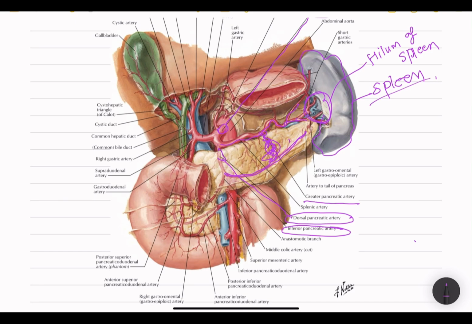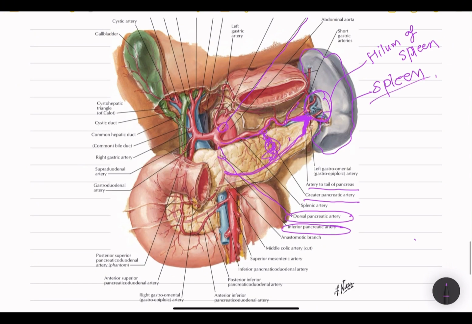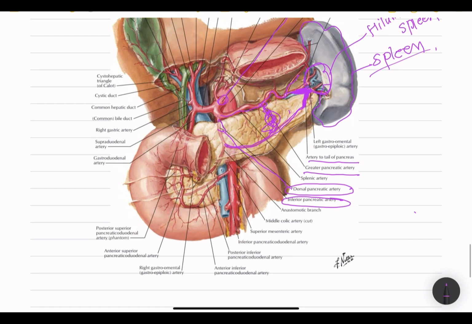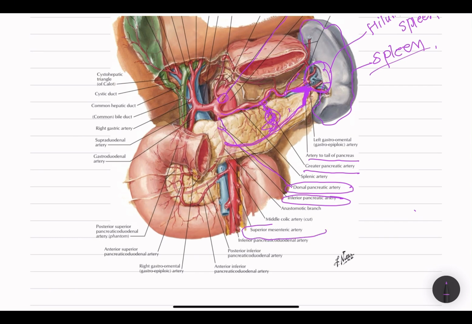And here at the end, the splenic artery and this inferior pancreatic artery anastomose, and from the artery of the tail of the pancreas, which supplies the tail, it enters into the spleen. Next we have to identify the superior mesenteric artery.